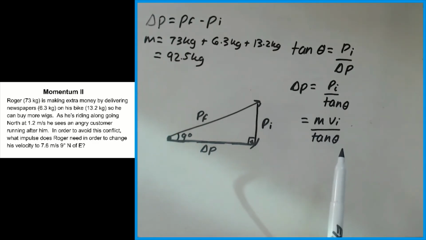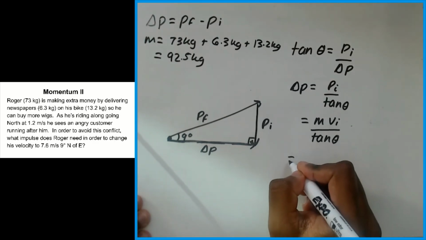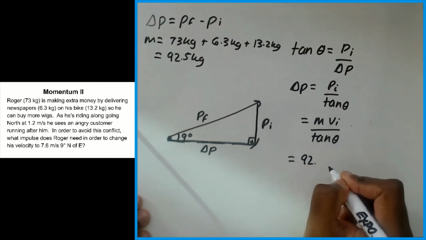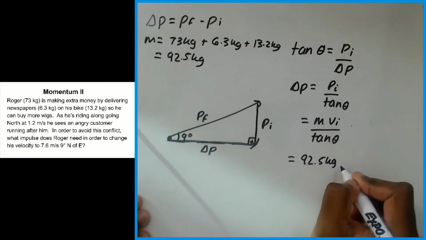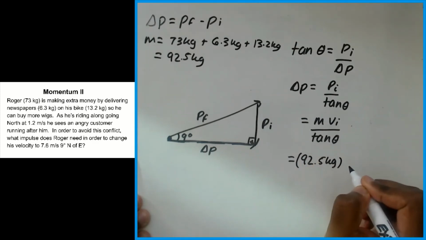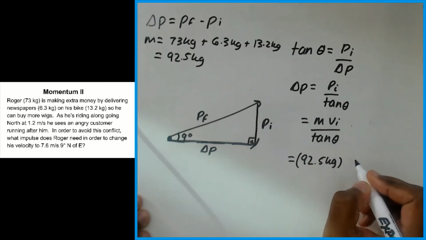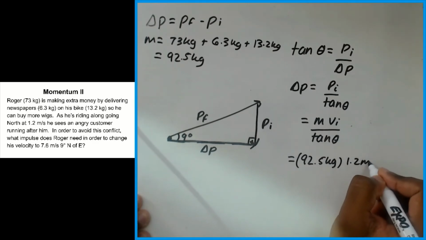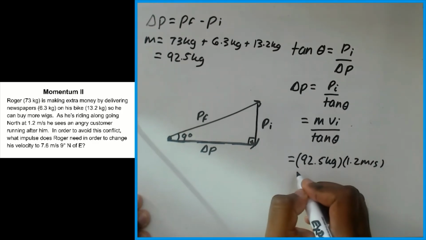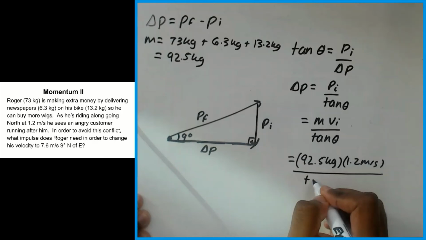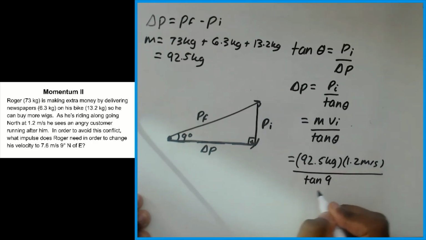All right, so now we have all the values. We have M, V, and we have theta. So let's just go ahead and plug that in. So what we get is 92.5 kilograms times VI, which is 1.2 meters per second, all over tan of 9 degrees.